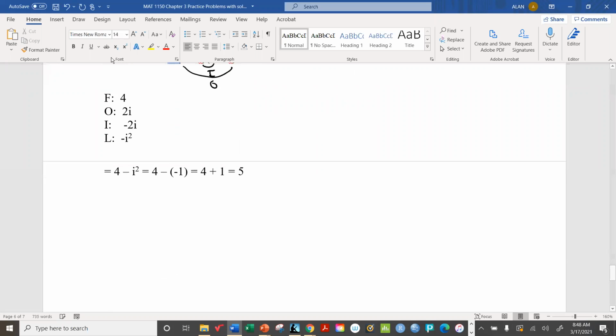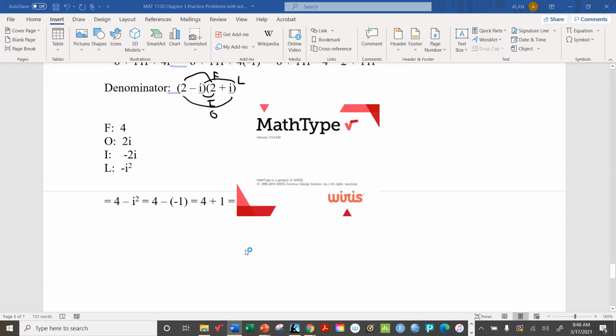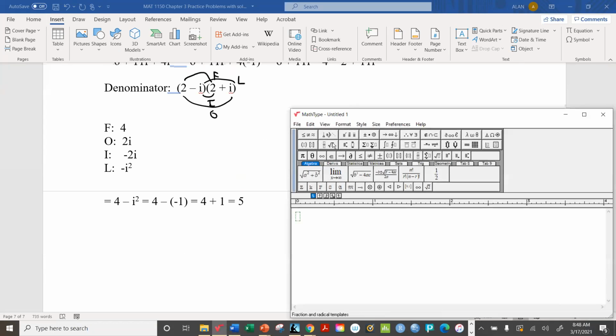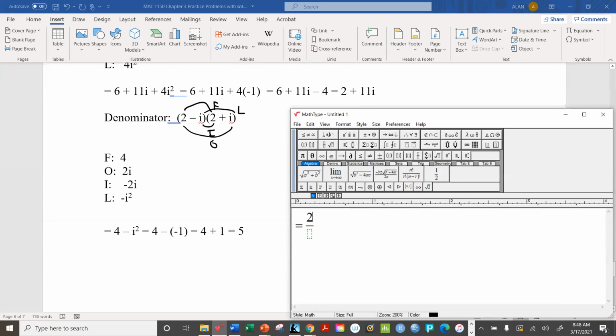We'll bring them together. All right, so the ratio of the final result, after all that work, is 2 plus 11i all over 5. And we're done.